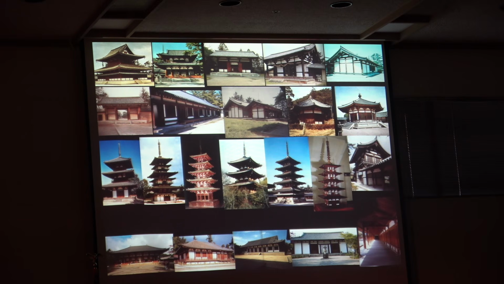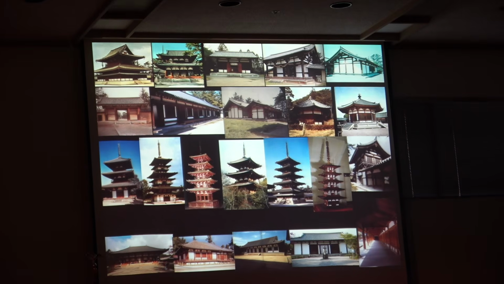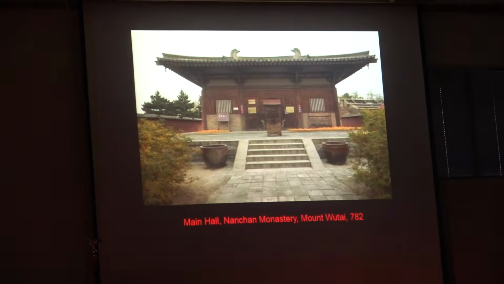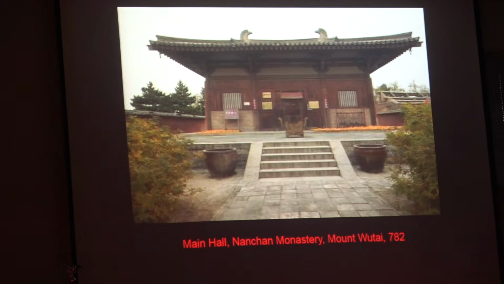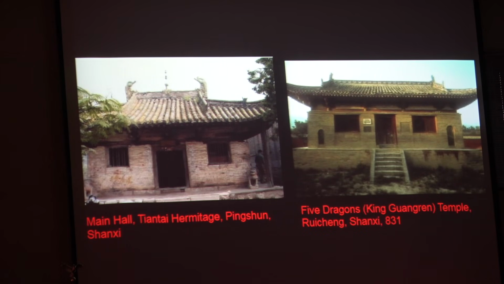The 22 oldest wooden buildings that survive in Asia, not just East Asia, Asia, probably the world, but I'm not positive, and it depends how high something has to be to put it in the category that you're looking at here. The 22 oldest wooden buildings in East Asia are in Japan, and these are they, and it is not until the year 782 that the first building survives from China, and that is followed by these two buildings from the 9th century.